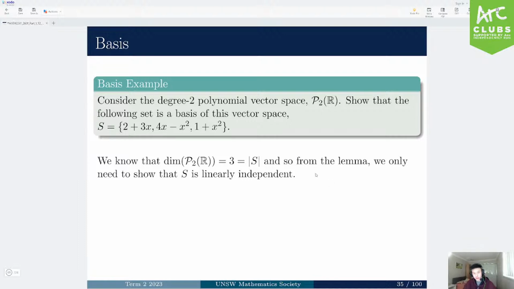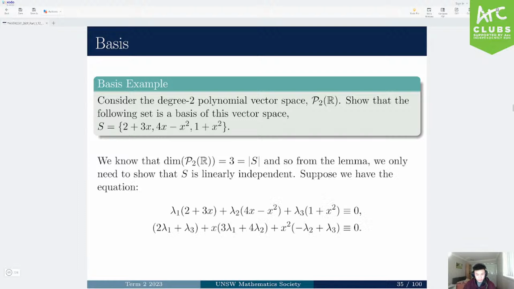Again, to show that something is linearly independent, we suppose that lambda 1 times the first element plus lambda 2 times the second element plus lambda 3 times the third element is equal to 0. Notice that I've used the triple equal sign, and that's to denote that this function is equal to 0 at every value of x, not just 1 or 2 values of x, but every single value.